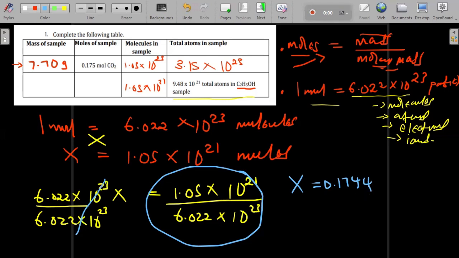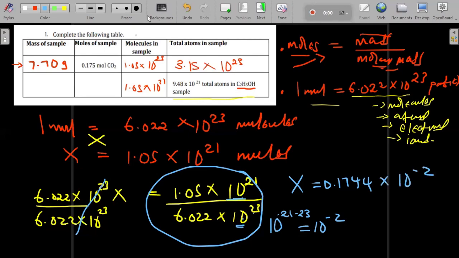And then now let's divide this 10 to the power 21 and this 10 to the power 23. Here we are dividing exponentials that have the same base. They both have 10 and they are dividing. If they are dividing, it just means you write the same base and then you subtract their powers, which is 21 minus 23. This is going to give me 10 to the power minus 2. So I'll come here and say 10 to the power minus 2.